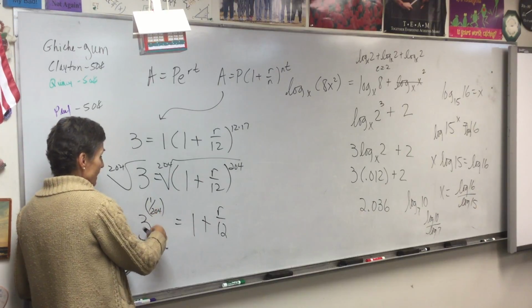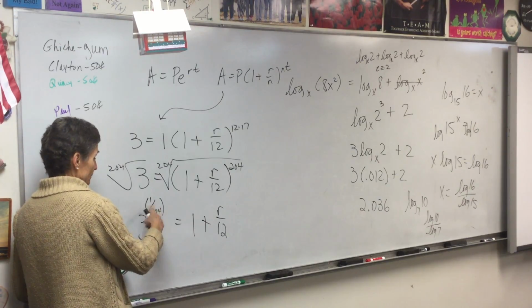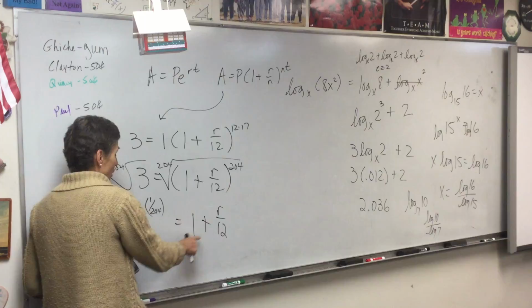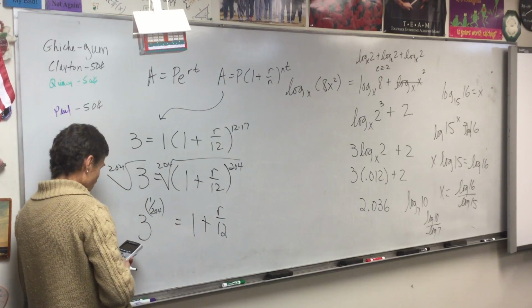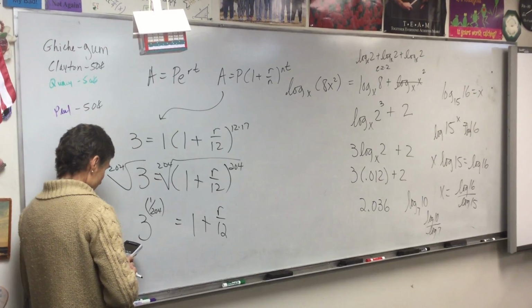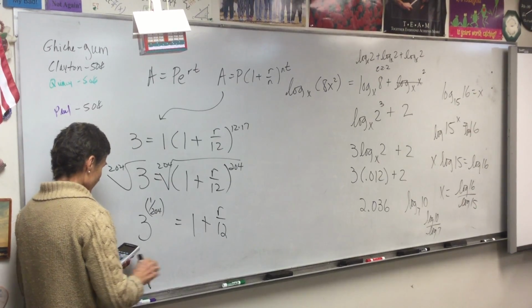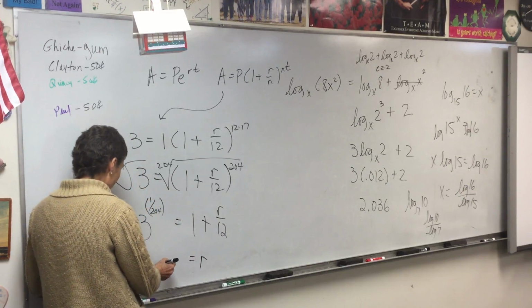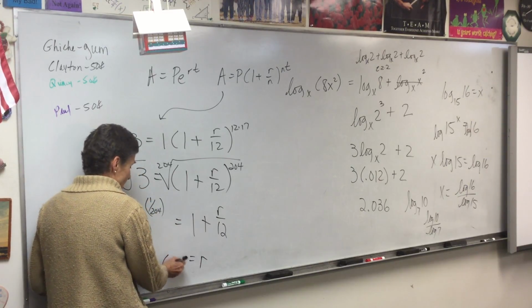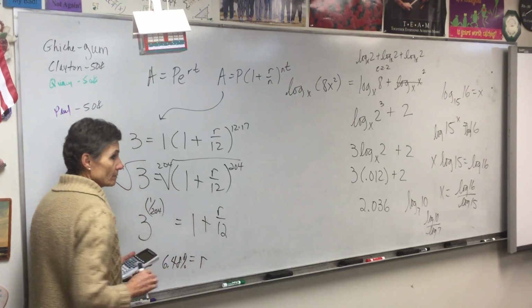So once you get that typed into your calculator, remember you're solving for r. So you're going to have to subtract 1 and times by 12. So the interest rate I came up with is about 6.48%.